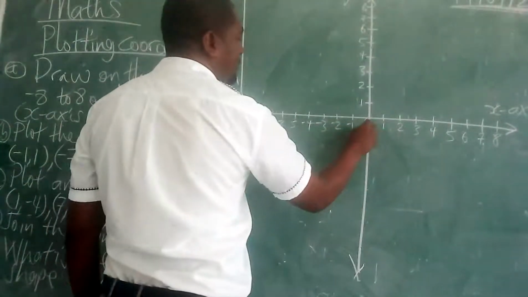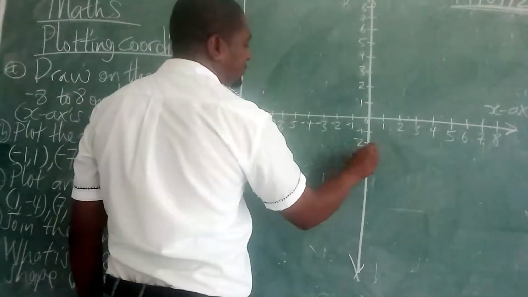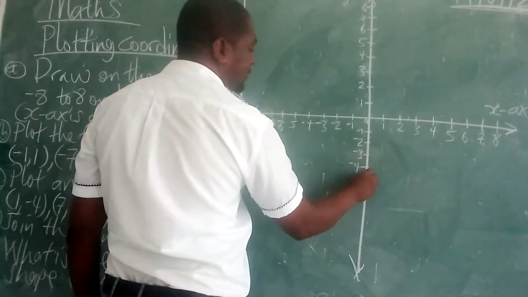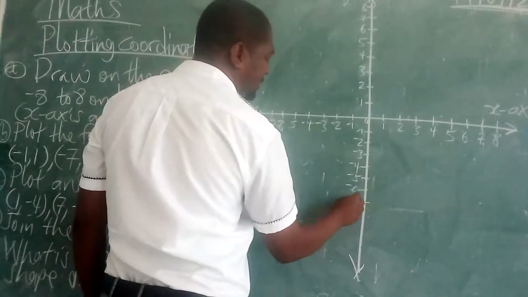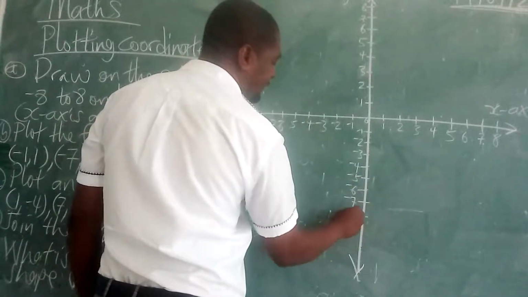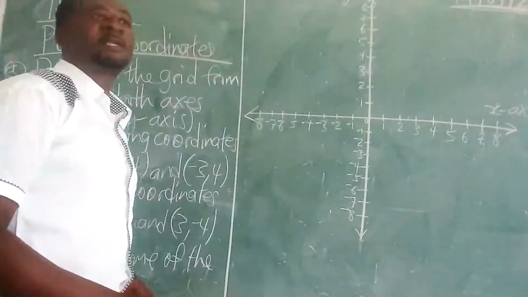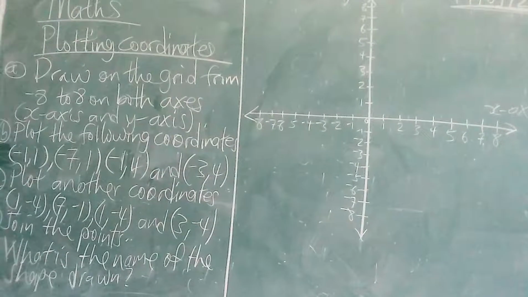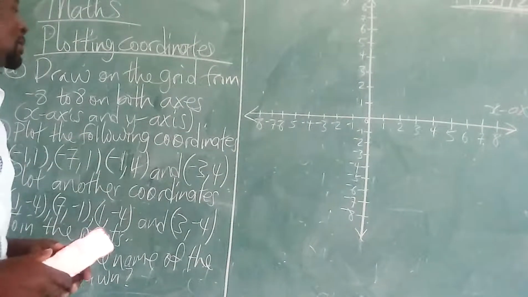So we have negative 1, negative 2, negative 3, negative 4, negative 5, negative 6, negative 7, then negative 8.